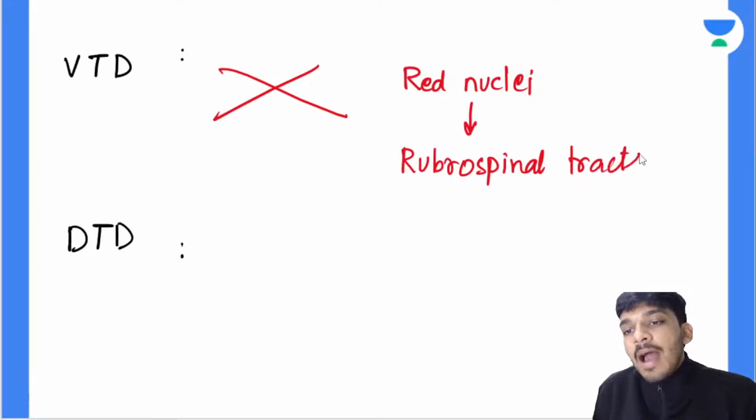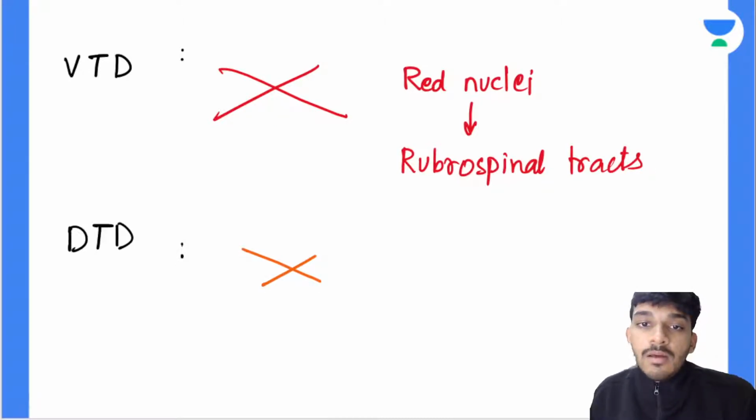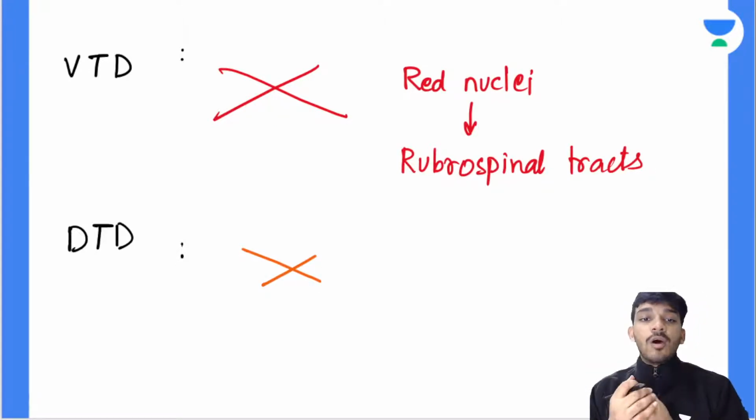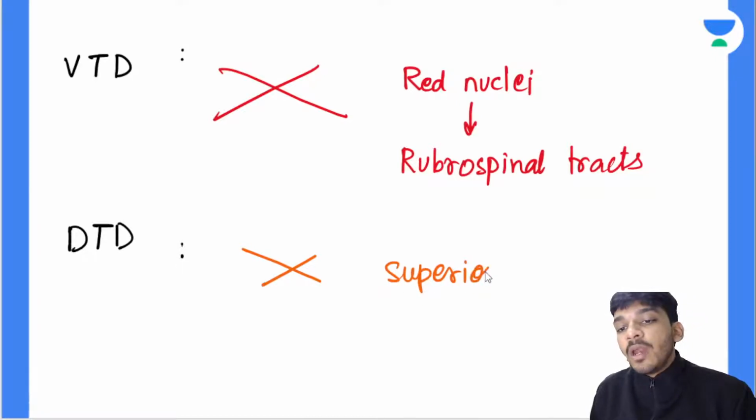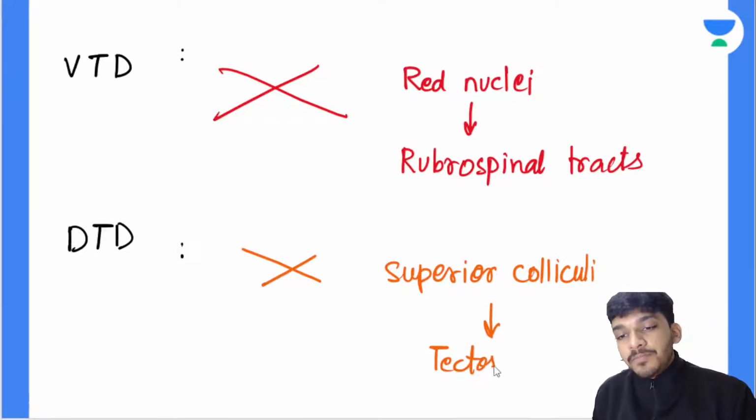And what about the dorsal tegmental decussation? It is the crossing over of axons from the superior colliculus to form the tectospinal tract.